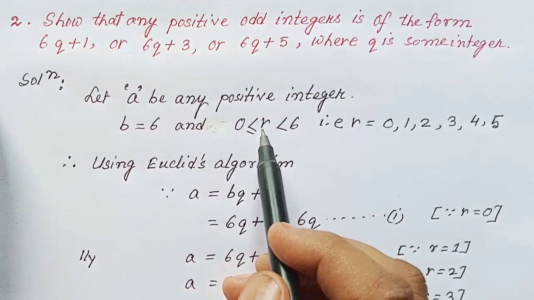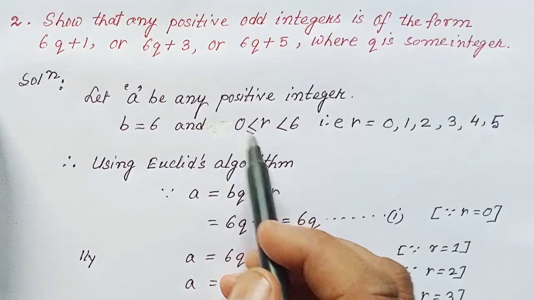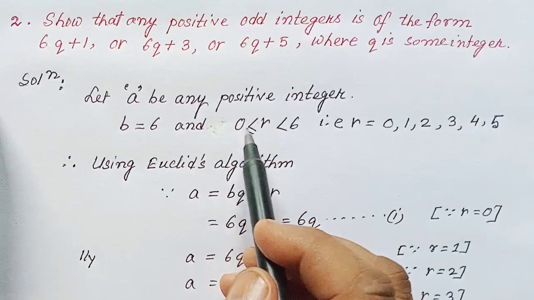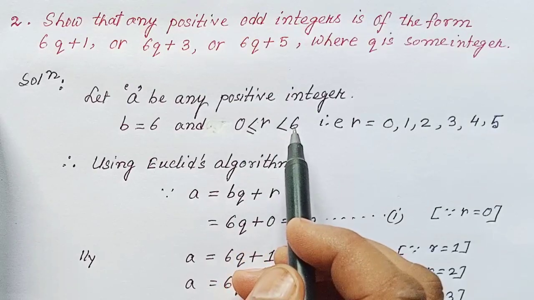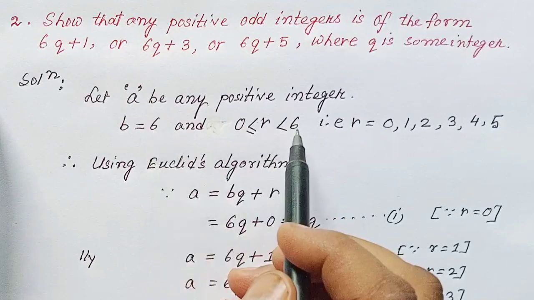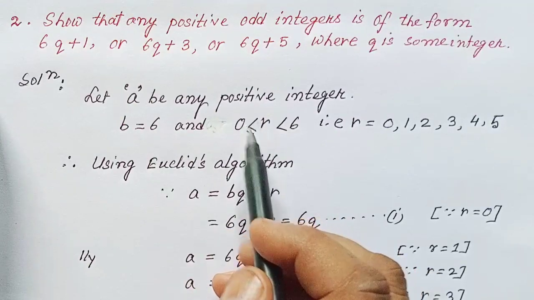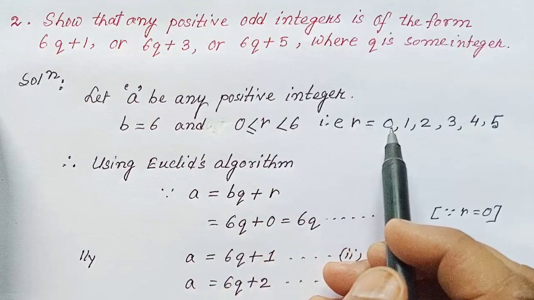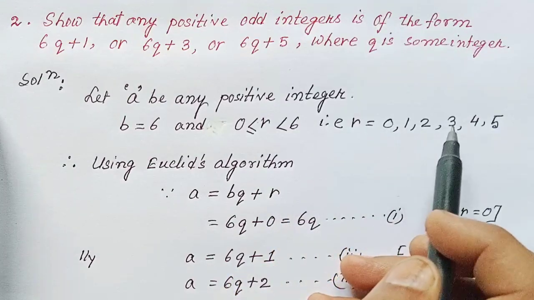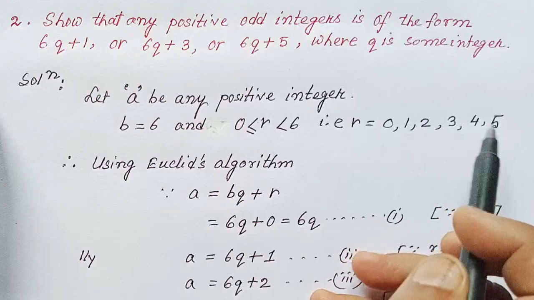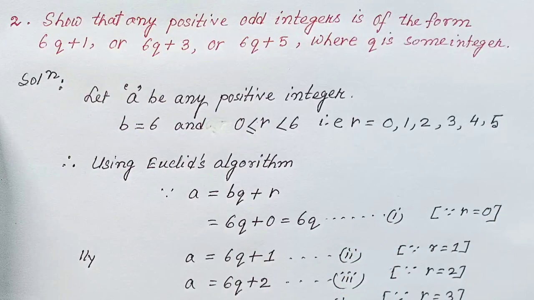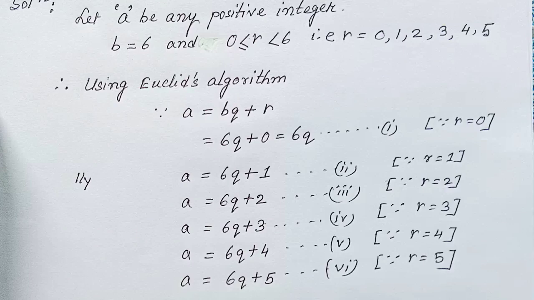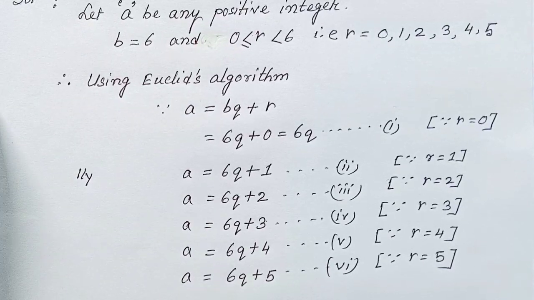And r is always greater than or equal to 0 and less than b. The value of b is 6. If r is greater than or equal to 0 and less than 6, then the value of r must be 0, 1, 2, 3, 4 and 5. Therefore, using Euclid's algorithm.